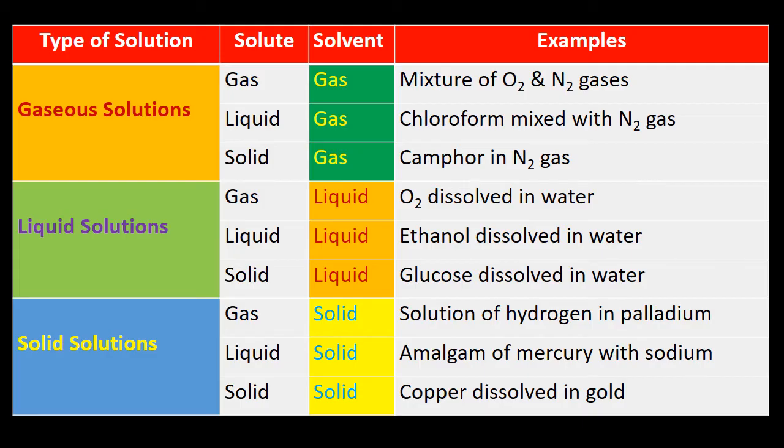Liquid in solid solution, an example is amalgam of mercury with sodium. Here mercury is a solute, which is a liquid, and sodium is solvent, which is a solid. An example of solid in solid solution, copper dissolved in gold. Here copper is acting as a solute, which is in solid state, and gold is acting as a solvent, which is also a solid state.